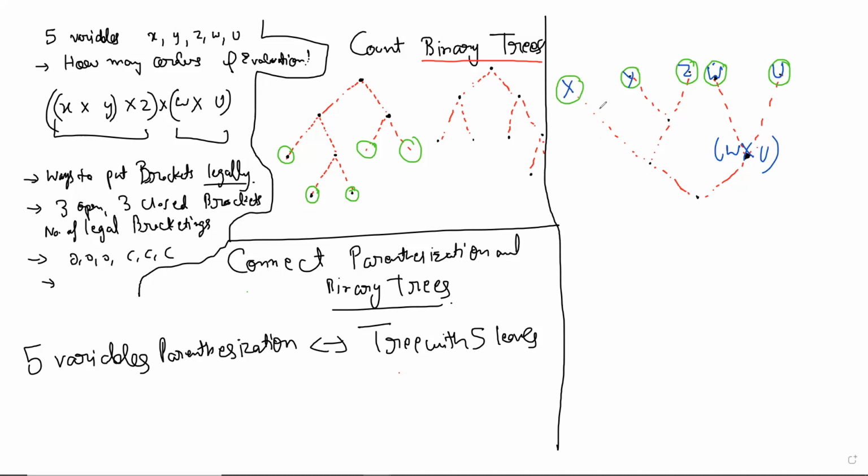Here we decided to evaluate Y and Z first, and then to that result we evaluate X. Since Y and Z have been evaluated, the bracket will be there. So you see, this gives us a parenthesization. It will obviously be legal. And these are evaluated now, and then to that we are evaluating.